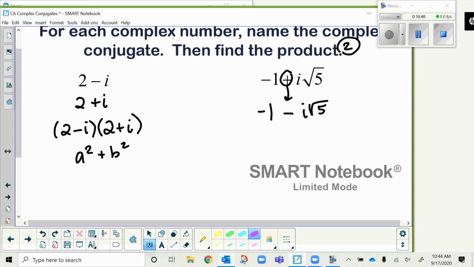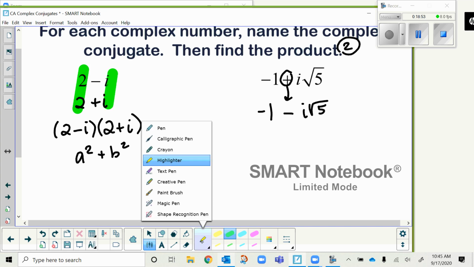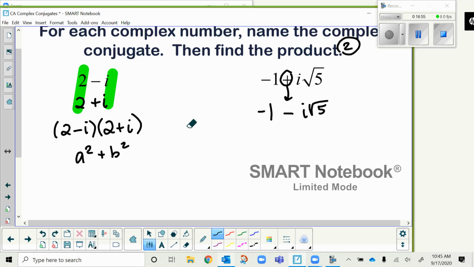The A and B here, in this case, you're not going to include the sign. It's just the A part and the B part. So the A is 2, and the B is just 1.